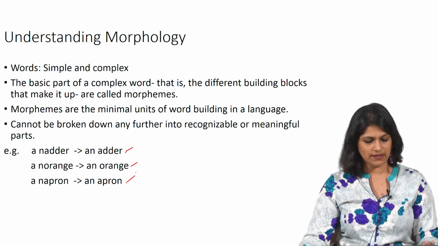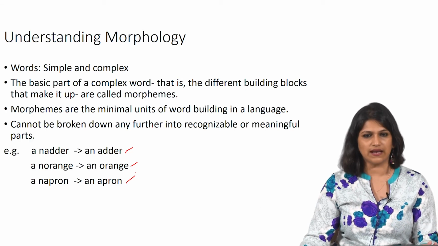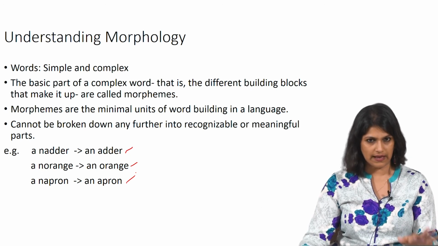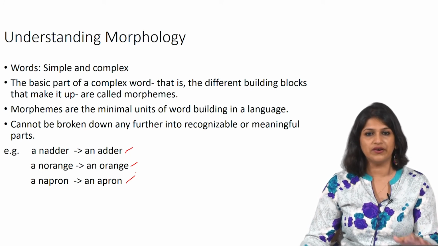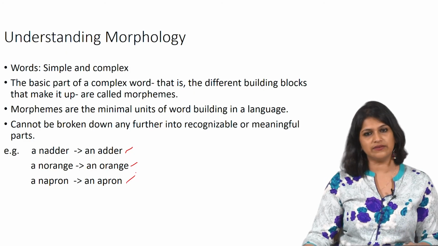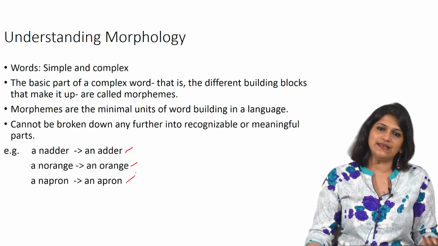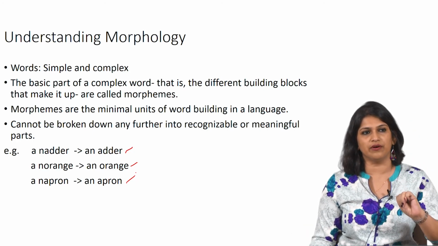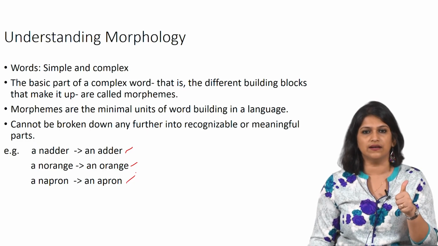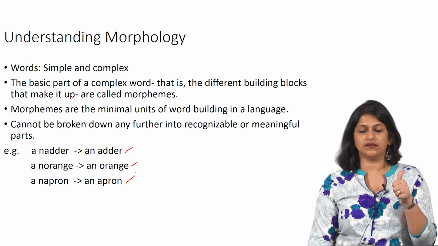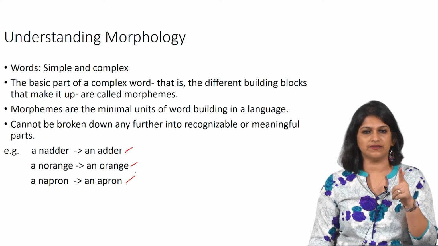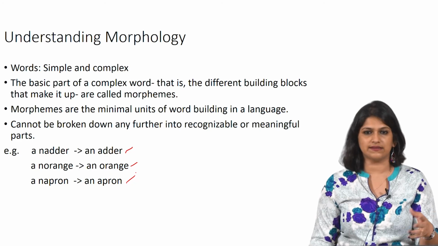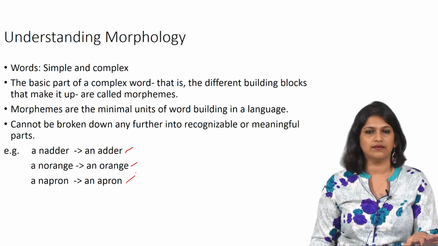So, that is why this kind of division does not contribute to morphemic analysis. Why will it not contribute? Because it does not have any meaning. When we were trying to figure out the three basic features of a morpheme, the first one was minimal, the second was meaningful, and the third was distinctive. Here a can probably be considered a distinctive unit, but nadder does not have any meaning.